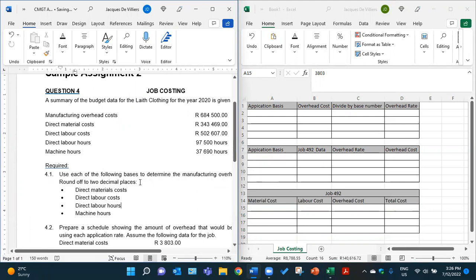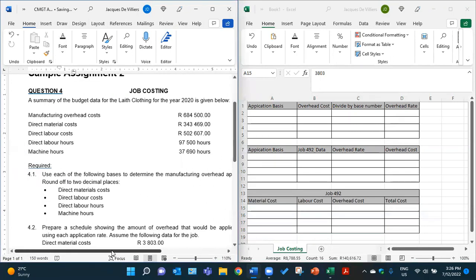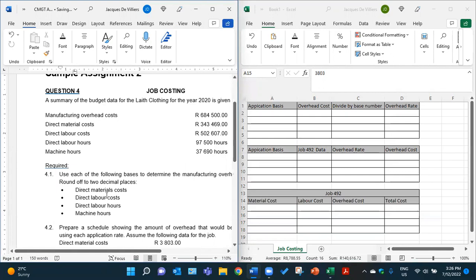So here they give us the overhead applications that they want us to use. The first thing they give us is direct material cost as the basis, then direct labor cost, then direct labor hours, and then machine hours in each case.